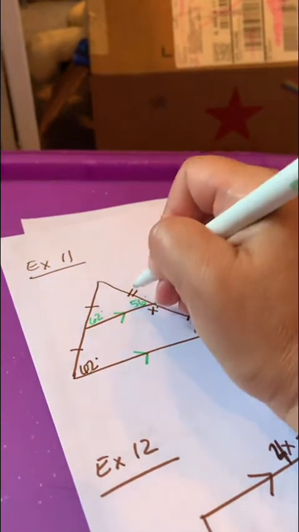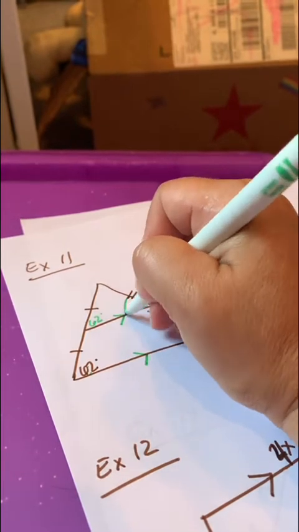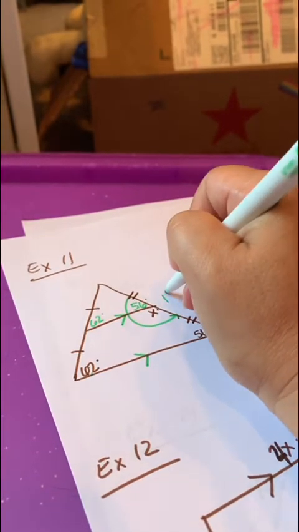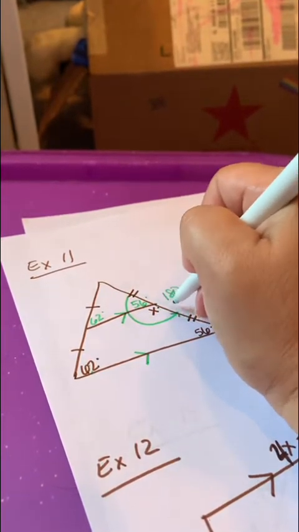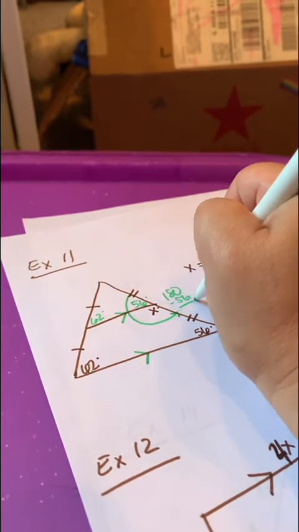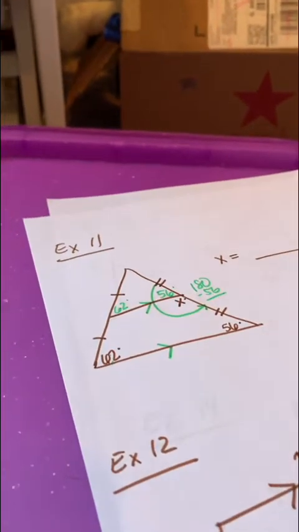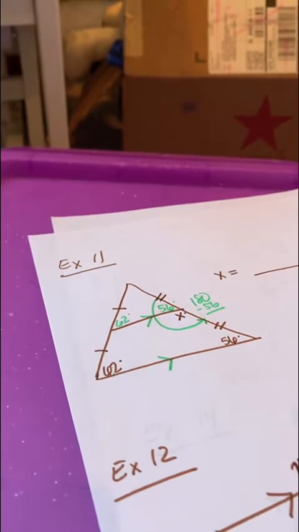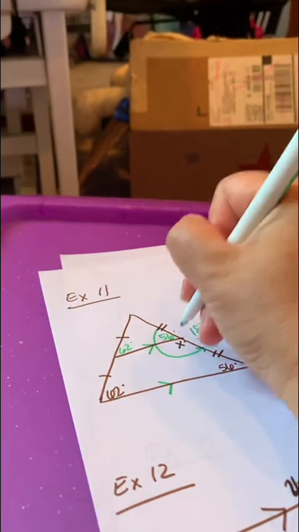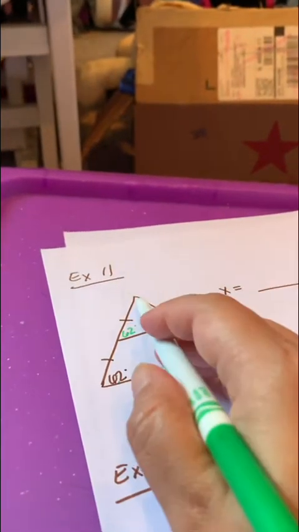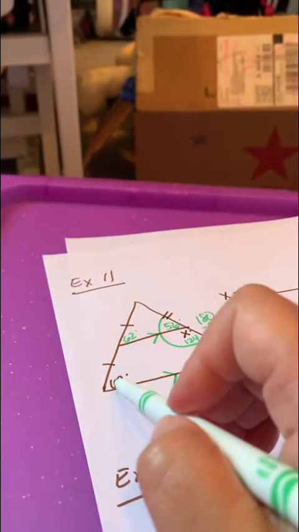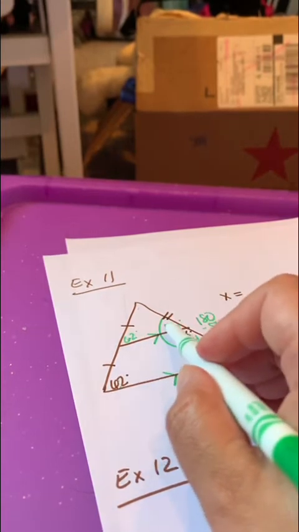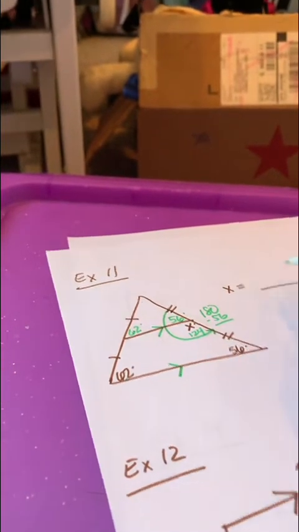All right, and then once you have that, this thing adds up to 180. Straight angle here, so 180 minus 56 is going to give me what I need. So that's going to make 124. If it was asking you for this top one, once you have these two numbers here, it was just a different thing it's asking for.